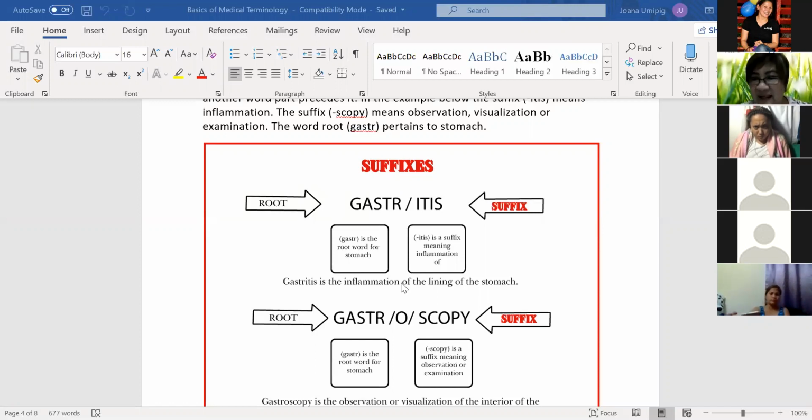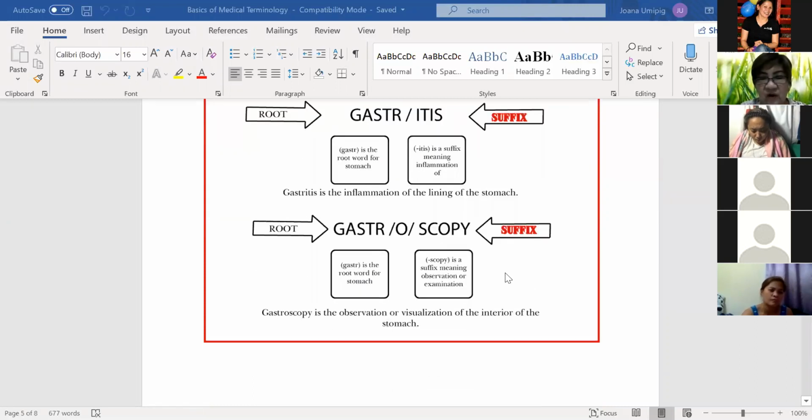Okay, gastritis, sinusitis. Gastritis. Okay, so lahat ng may itis, yun may inflammation. And doing so, gastritis is the inflammation of the lining of the stomach. Kaya gastric, yung root, and the suffix is itis, gastritis. Sinus, sinusitis. Okay? Meningi, yun dun sa brain, meningitis. Yun, lahat ng itis is the inflammation. May infection. Denotes infection also.